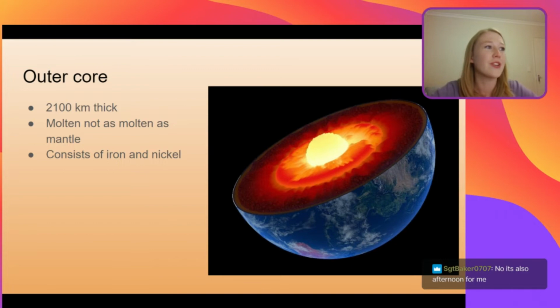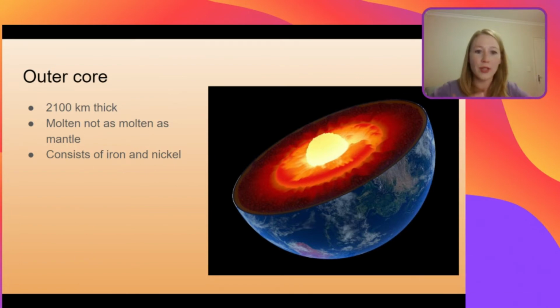Okay, 2,100 thick, and it is also liquid, but it's not as liquidy and as molten as the mantle. But it can also move. It is significantly hotter. It is the heat source of the mantle. You can kind of see that in this picture as well, how red it is right there.